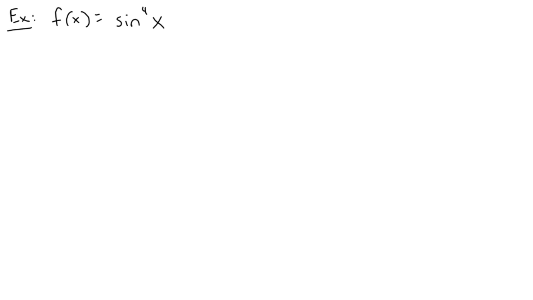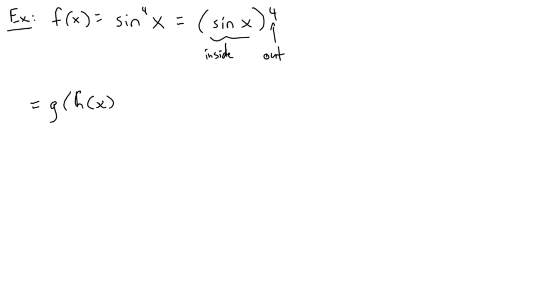This is one you see all the time and sometimes gives you trouble because we write sine to powers funny, right? So whenever you see this, you should probably think of it as sine x to the 4th power. Then it makes it much more obvious that this is the outside and sine x is the inside. If you have an x, first you take the sine, then you raise it to the 4th power. So I would write this as g of h of x, where the outside is the 4th power function.